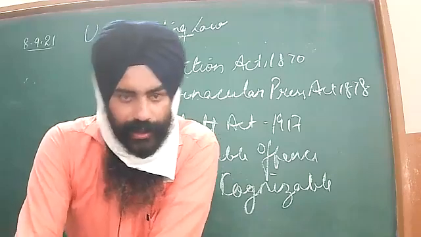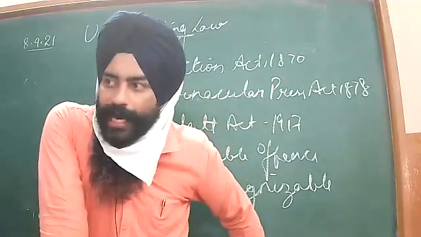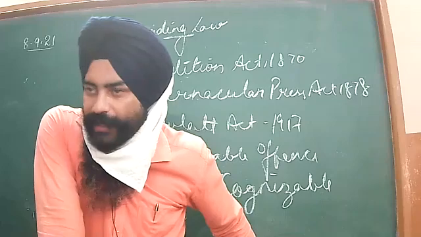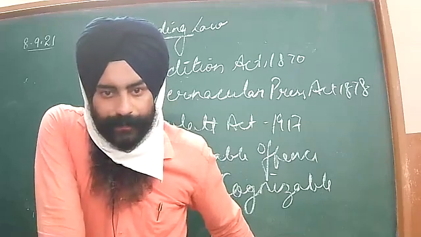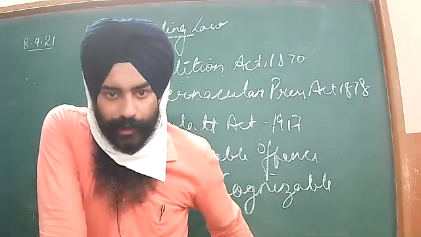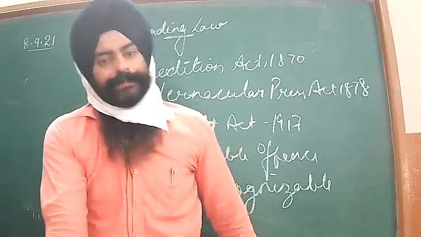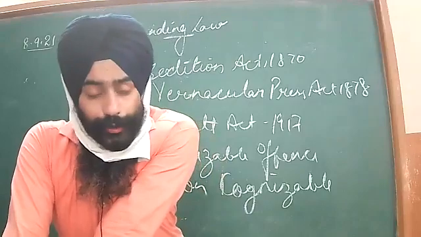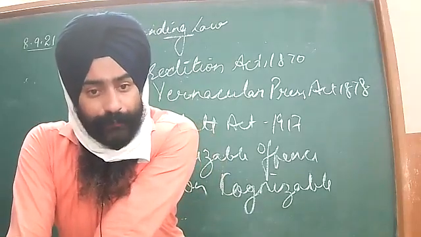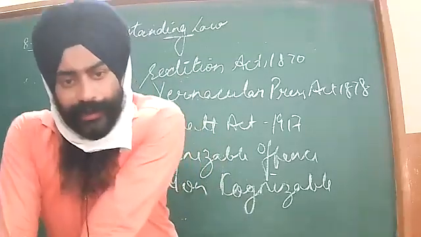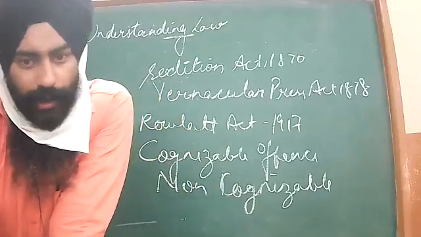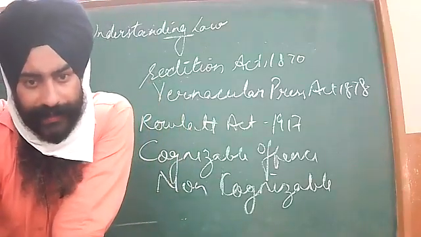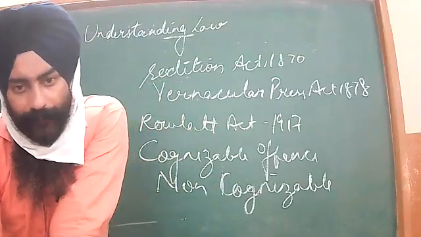Clear? Judiciary in India also handles citizen disputes where fundamental rights are violated by the government or the authority. These disputes are resolved through the judiciary. Judiciary is also responsible for safeguarding fundamental rights.